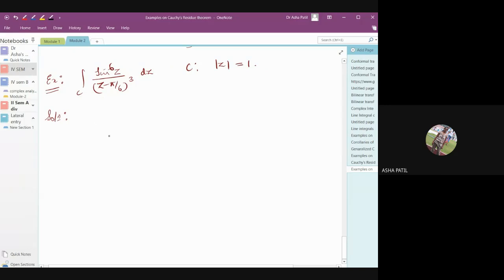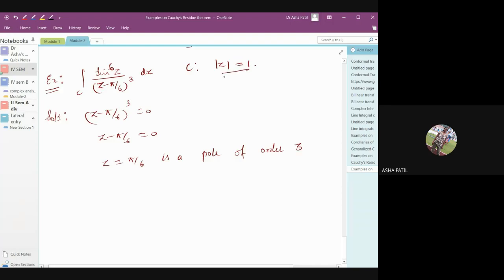Only one pole you have. z minus pi by 6 actually whole cube, but we'll take it as only z minus pi by 6 equal to 0. This implies z equal to pi by 6. This is a pole of order, what's the order? 3.